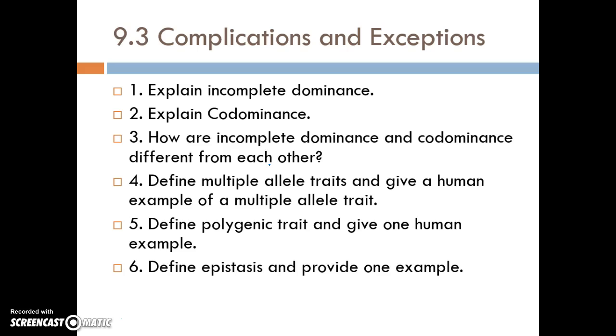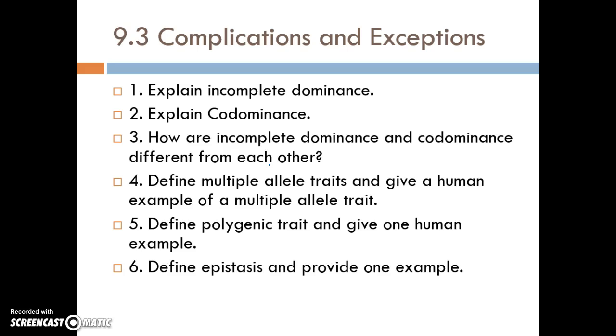There is no recessive, not necessarily, but there doesn't have to be a recessive. Instead, we have 2 traits that are dominant with each other, and they actually will both show up equally in the offspring. So a codominant trait in humans is blood type. We have blood type A is dominant, blood type B is dominant, blood type AB is codominant, and then blood type O is our recessive choice.